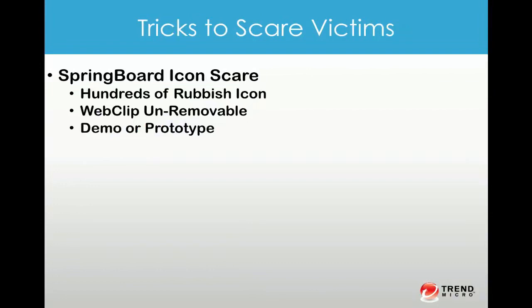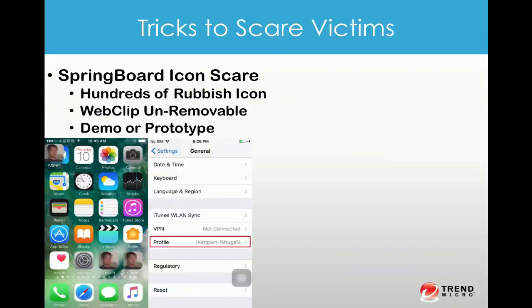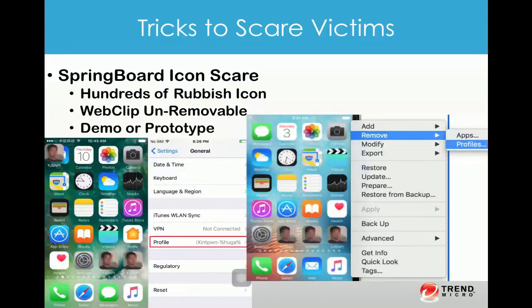We found that after multiple installations, a weird icon appears. Springboard's icon has overflowed. When we click on it, Springboard will crash because of Watchdog timeout monitoring. Generally speaking, we can uninstall a malicious profile through Settings, General, or Apple Configurator to remove profiles.